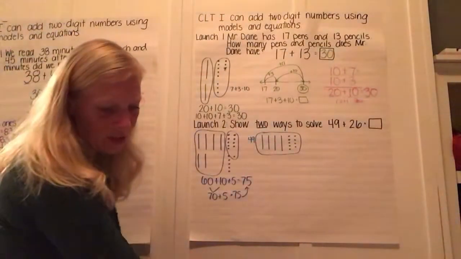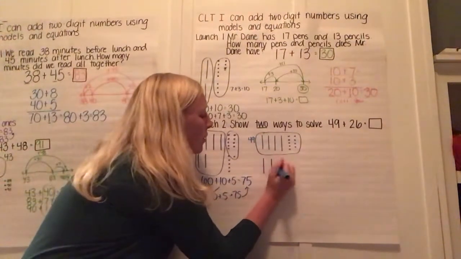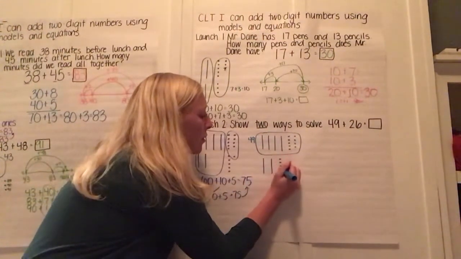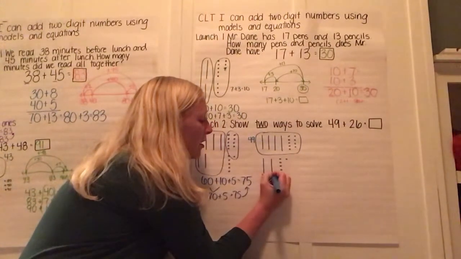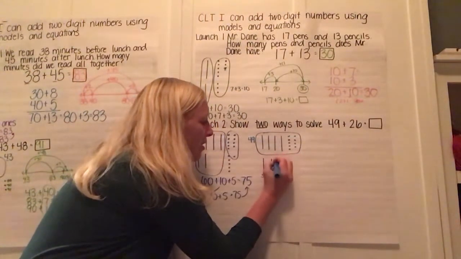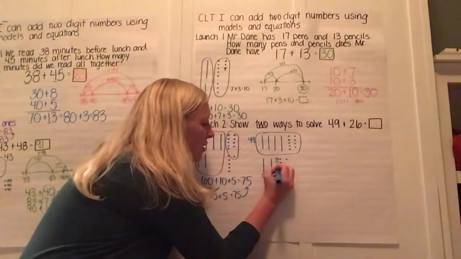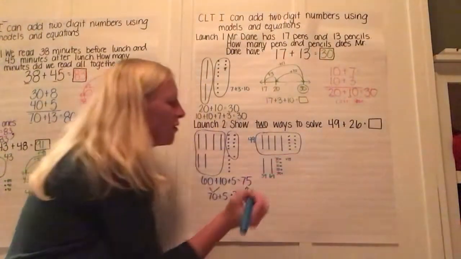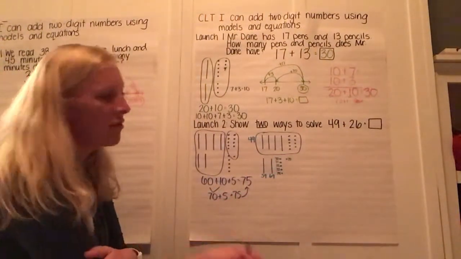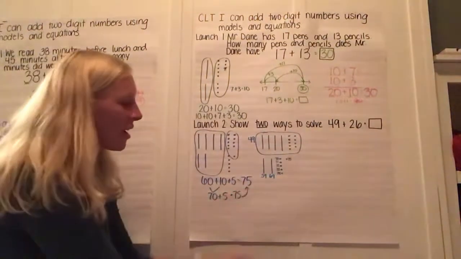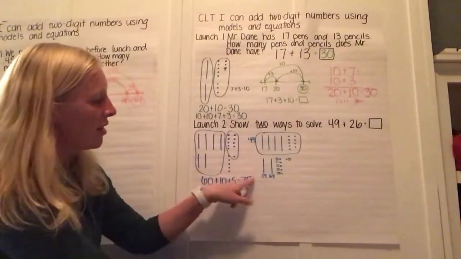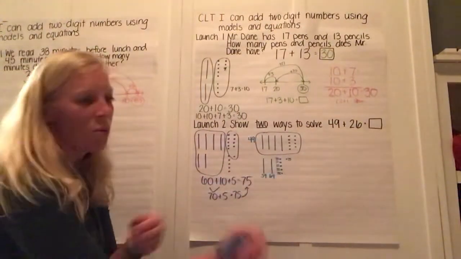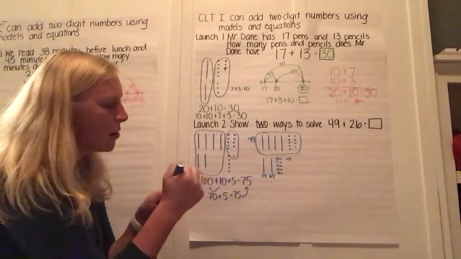And then what did we do? 59, 69, 70, 71, 72, 73, 74, 75. Counting on, starting with that bigger number, adding the 10s, and then adding those 1s, but still counting on.